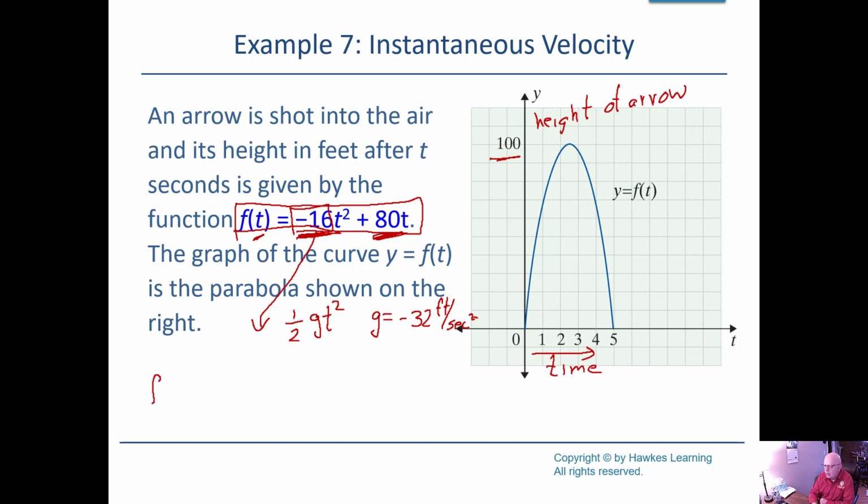And this whole thing tells you how far in the air that arrow is at any particular time t. This is the initial speed getting us in the air, which is eventually overcome by the fact that gravity is going to pull it down.